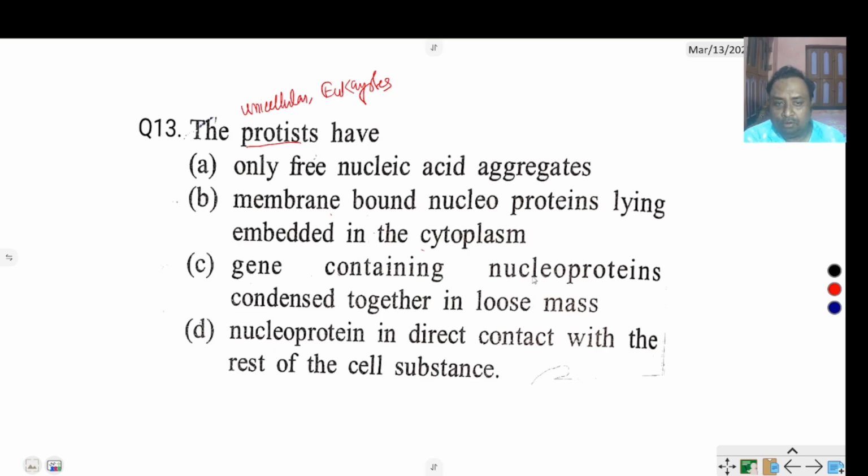Gene containing nucleoproteins condense together in loose mass, not. Nucleoproteins in direct contact with the rest of the cell substance. This is not right. But here B is the correct option. Membrane-bound nucleoproteins lying embedded in the cytoplasm.